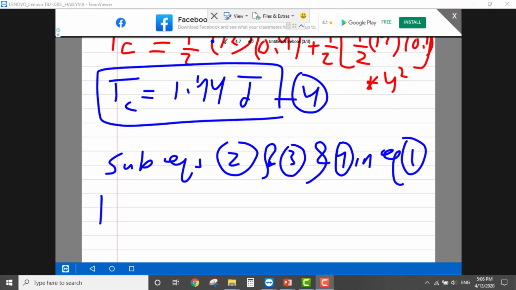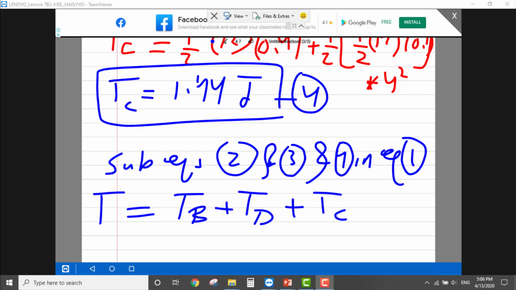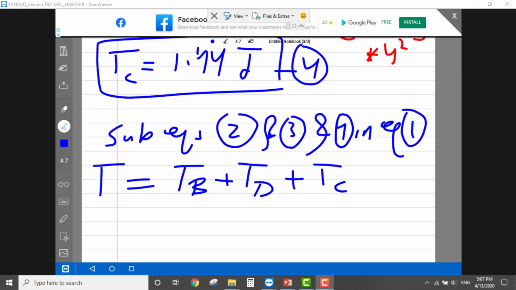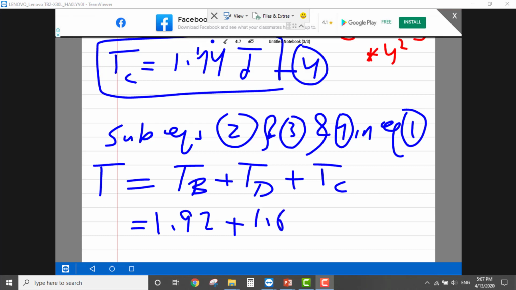You will find that T total equals T for the block plus T for the disk plus T for the cylinder, and this is equal to 1.92 plus 1.6 plus 1.44.